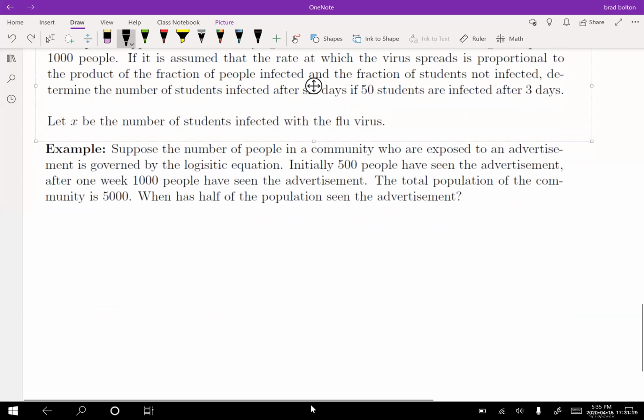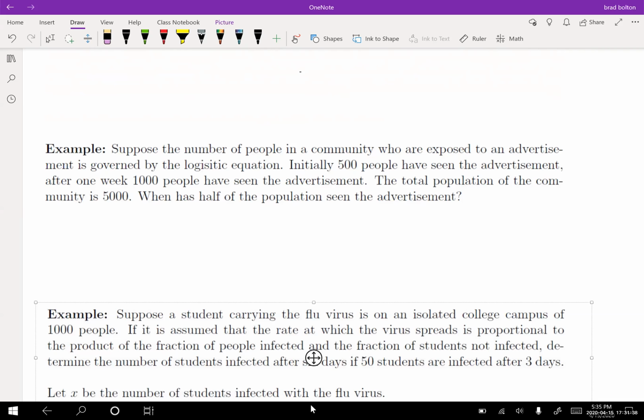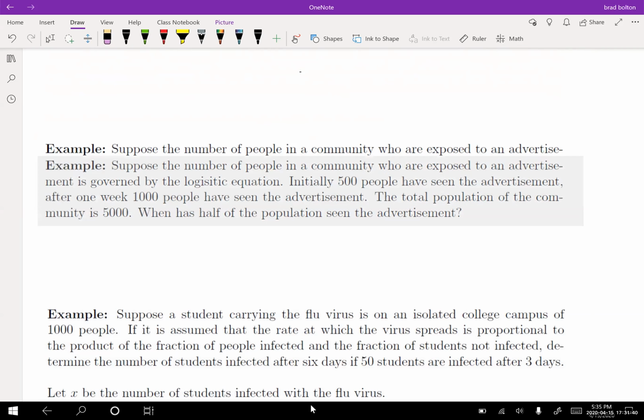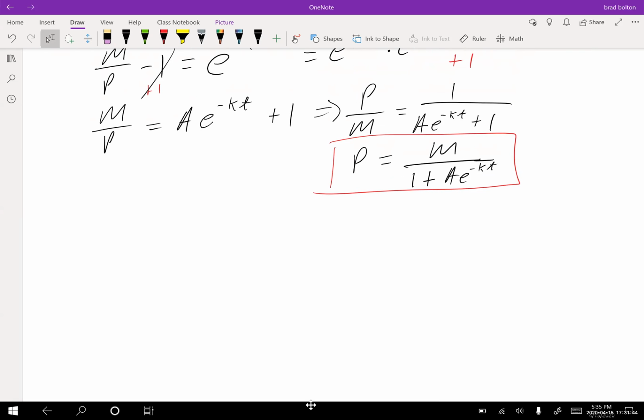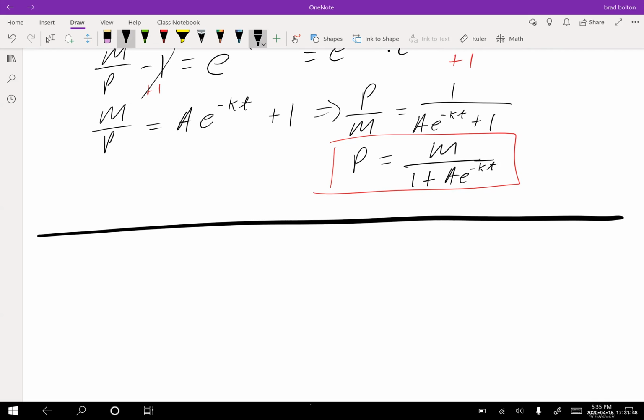Let's move this guy. So we'll get to those in a second. Okay, so that is how the logistic equation came to be.